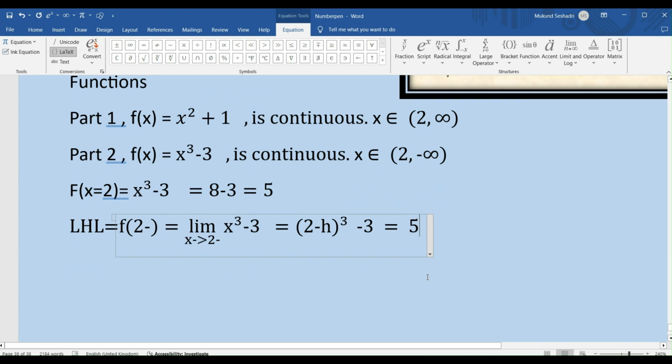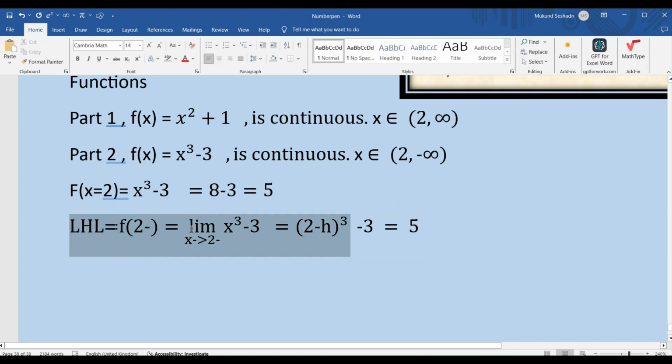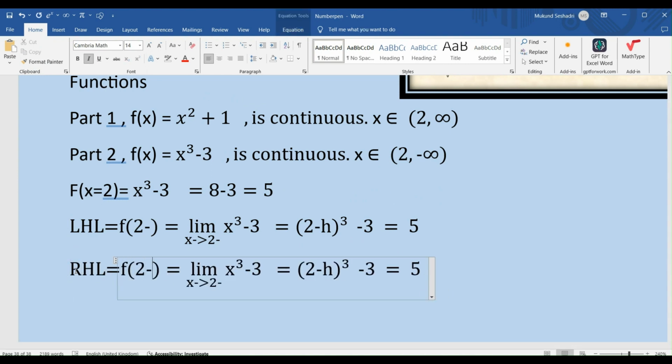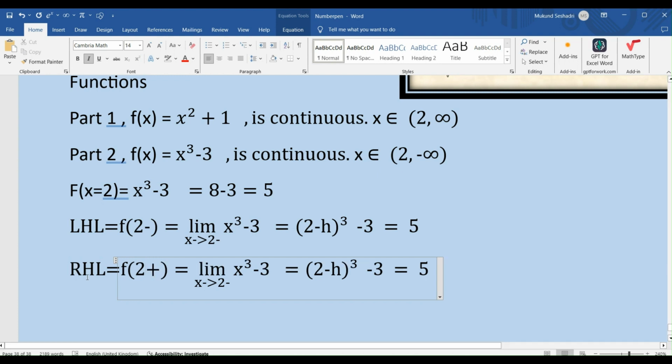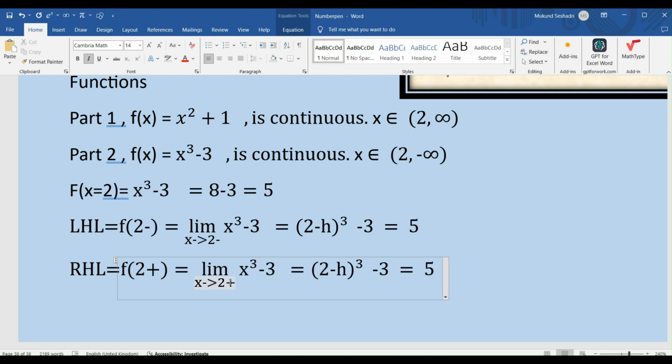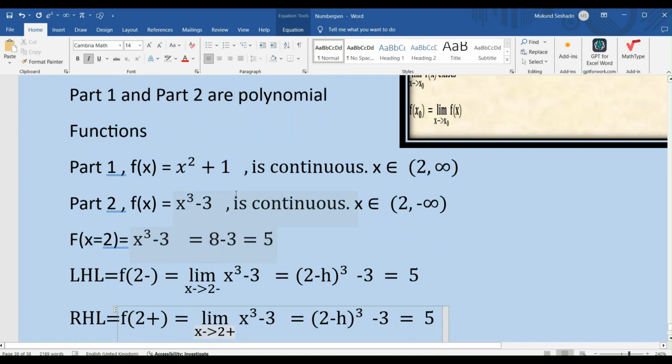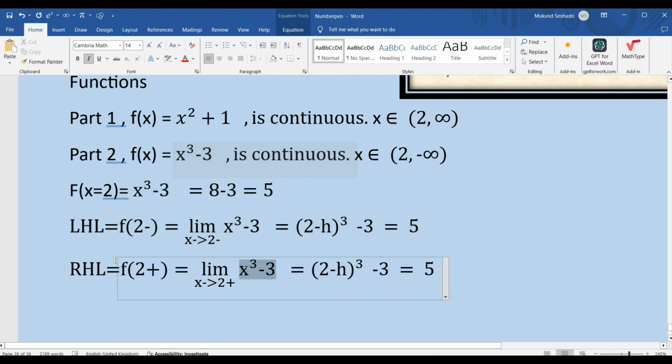And now I'm going to pull out my right hand limit, right? I do know what I mean by my right hand limit: x approaches 2 but from the right, which means that x takes a value greater than 2, so 2 plus h, where h is infinitesimally small.